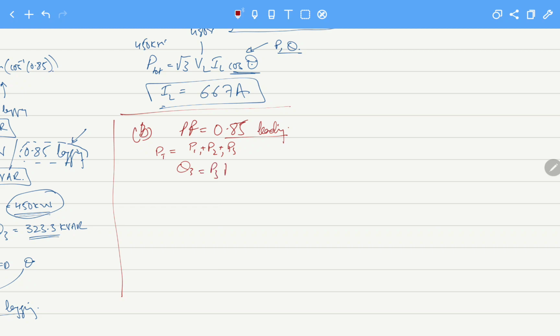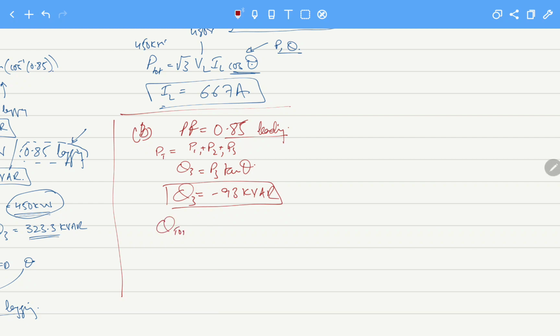Q3 is equal to P3 tan θ, and theta we know from previously, so from here we can calculate the value, and the value will become minus 93 kVAR. We can see that now Q3 is negative. This means it is being generated by the synchronous motor.